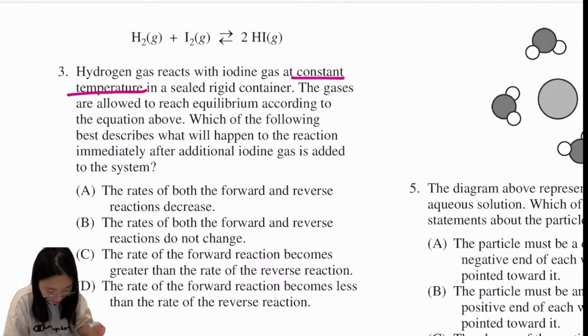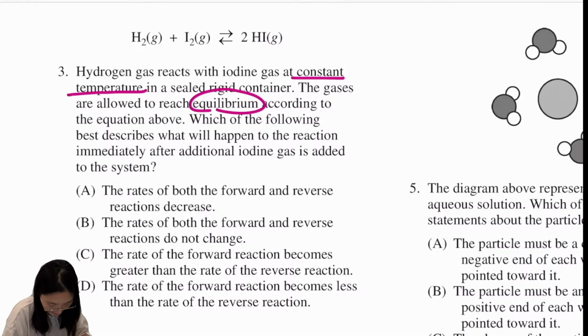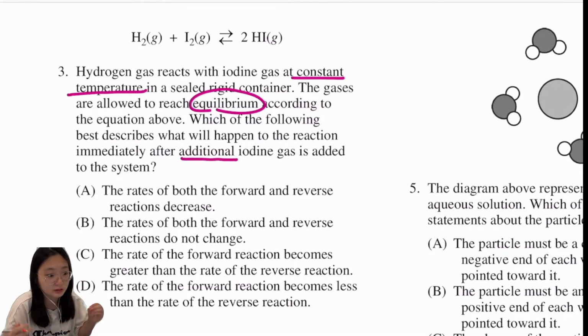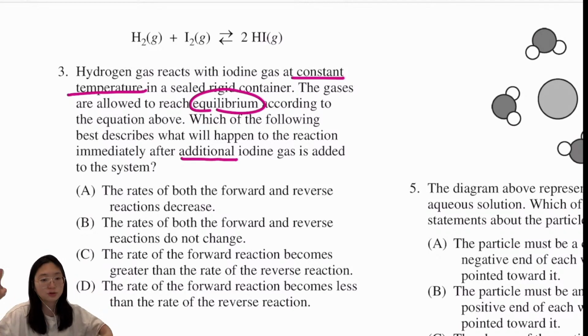It's already at equilibrium, but the equilibrium is broken because of the additional iodine. So it's Le Chatelier's principle. Le Chatelier's principle states that when a system is in equilibrium and you break the equilibrium by adding a stress on one side of the equation, it is going to shift toward the other side to compensate for the loss or the gain.